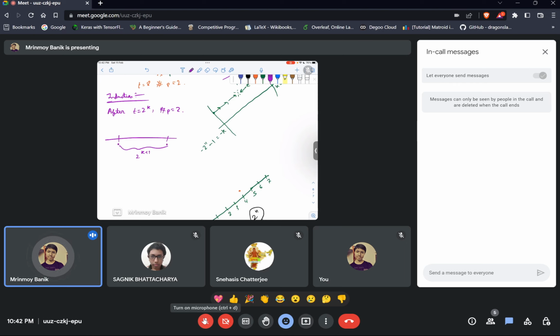point of time, since the outermost 2 points are always moving away from each other by 2 steps centered at 0. So now at t equals 2 power k plus 1, this point moves here and here, moves here and here.